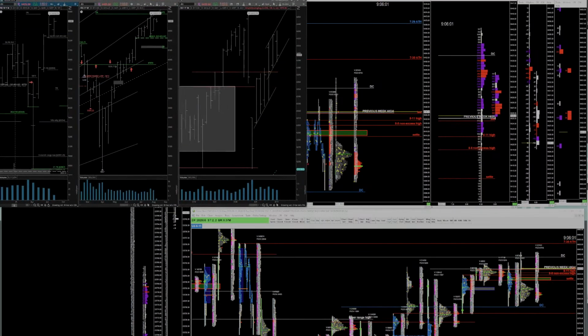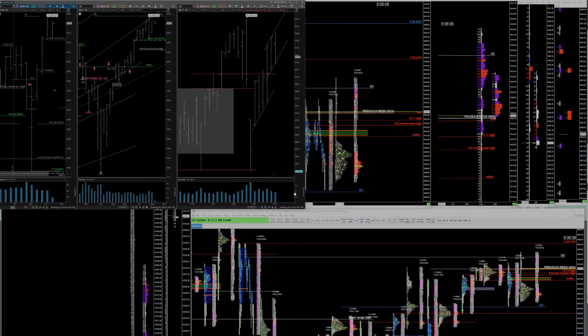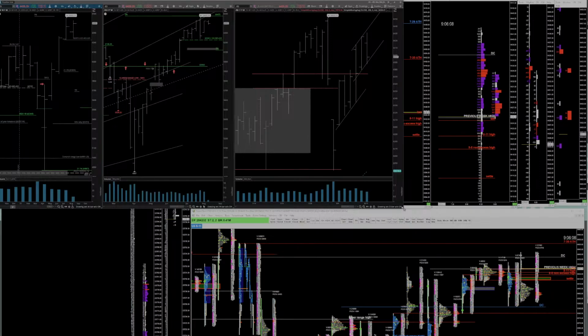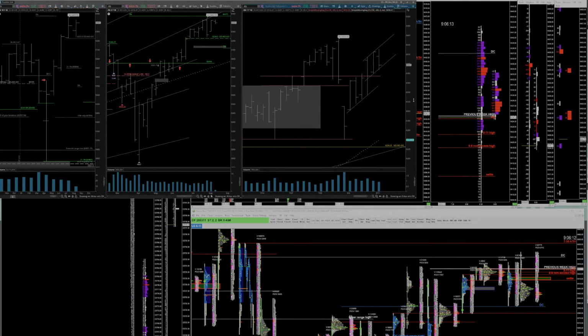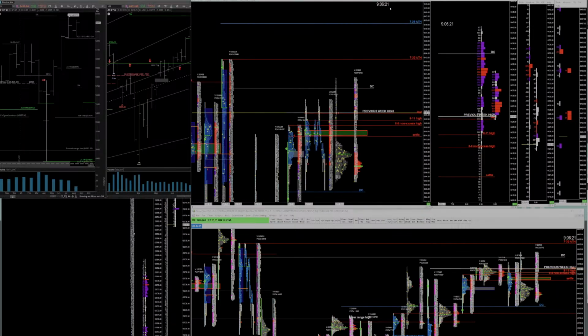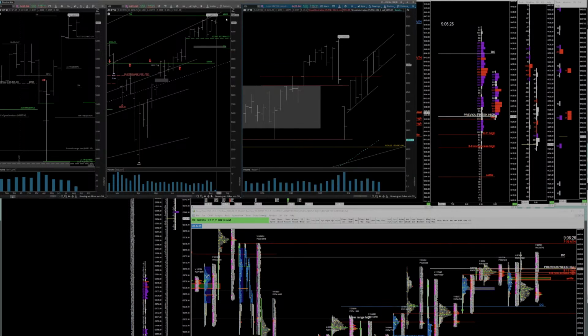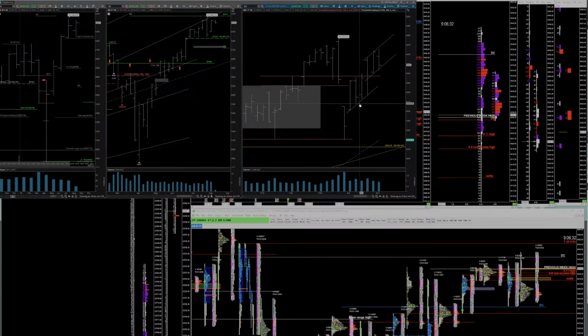I try also to keep myself centered, to have a broad appreciation of the market. As we see these all-time highs in the yearly, I was watching these lows here, very mechanical.